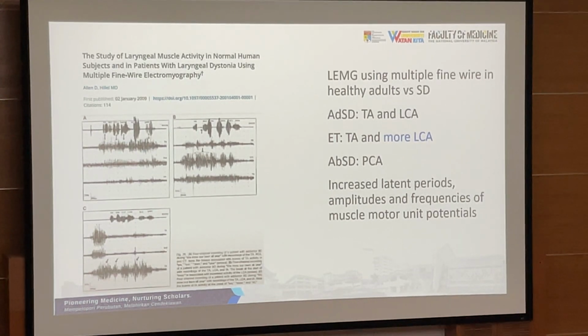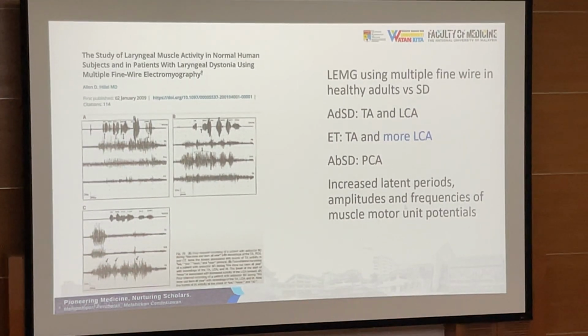Now, this is a nice study showing how different intralaryngeal muscles may be affected in patients with spasmodic dysphonia. In patients with adductor spasmodic dysphonia, sometimes it is the thyroarytenoid muscle, sometimes the lateral cricoarytenoid muscle.